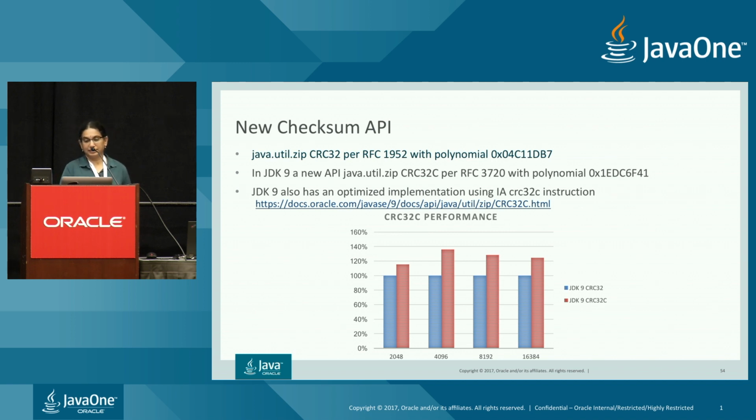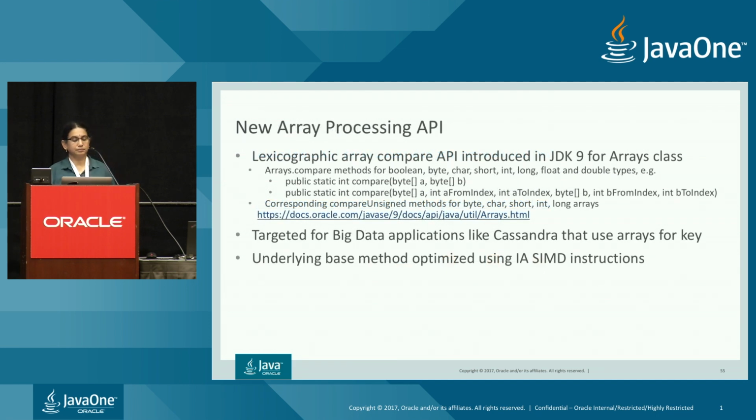We know that checksums are extensively used wherever there is a lot of data. For example, Cassandra and HBase all use the checksum API. In JDK 9, lexicographic array comparison was introduced by Paul Sandoz. We worked closely with Paul Sandoz to optimize the array compare using SIMD instructions at the back.